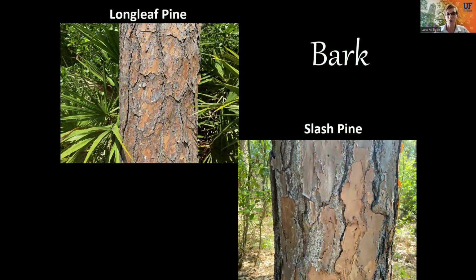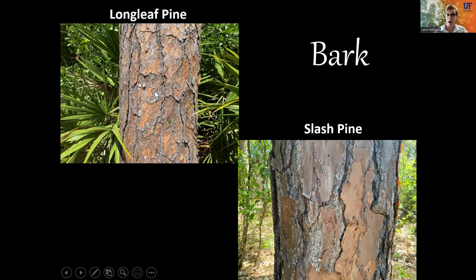Another thing that you can look for, this is a little bit harder, it takes a little bit more practice, is the appearance of the bark. And this, I will say, is on mature trees. When they're young, all bets are off. When they're mature on the longleaf pine, they have a much more, I call it irregular appearance. You can see these large blocks, or what we would call plates, but they're kind of shaggy within that.